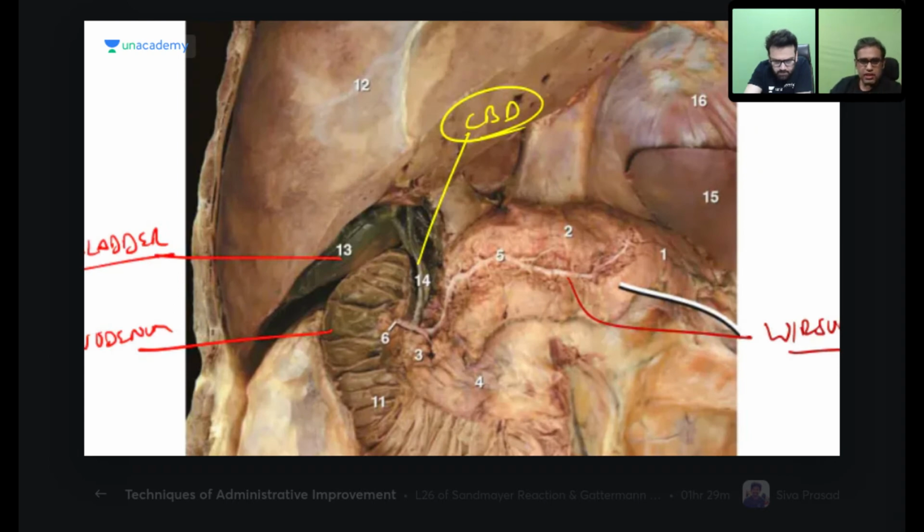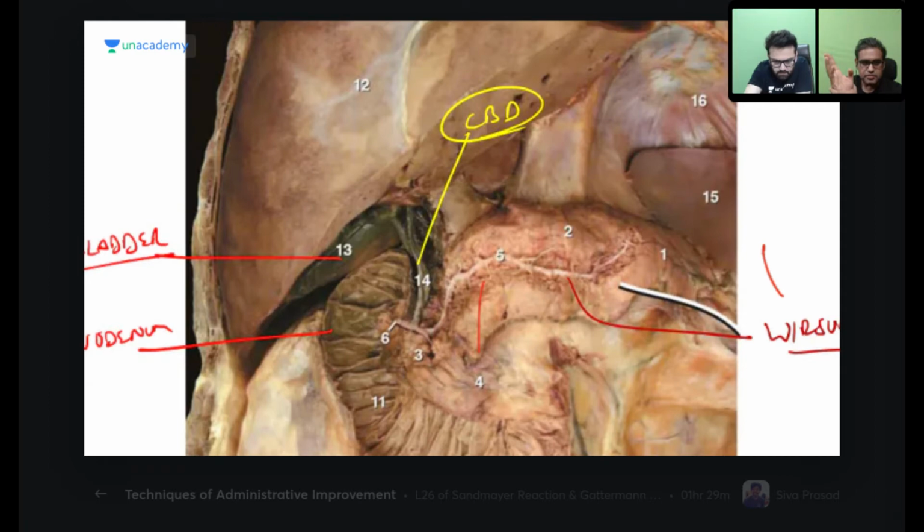Thank you, boss. We can see the Wirsung duct numbered as 6 over here, and number 1 is the tail part. Now, can you see the size of the duct is increasing, going from the tail to the duodenum? The duodenum is number 11 on the left side of your screen.